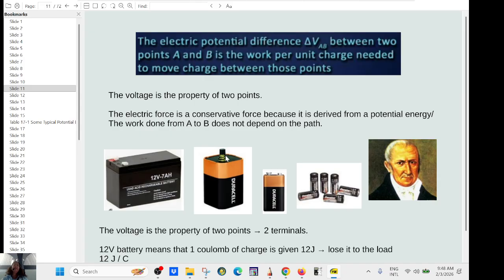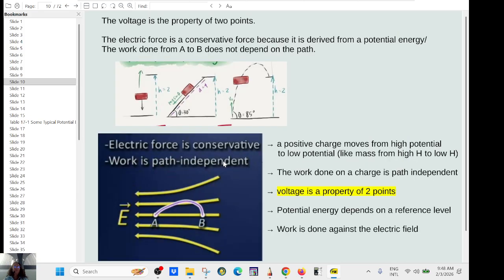So when you say 6 volts, that means 6 volts relative to the negative terminal. You always need 2 points.